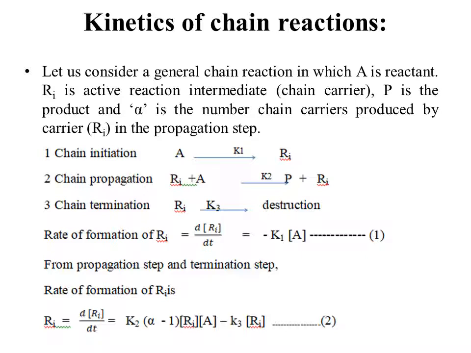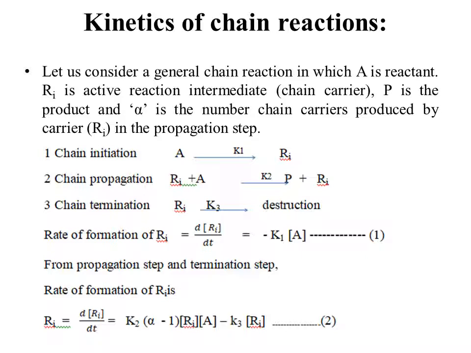In the second step, chain propagation, Ri, that is the active chain carrier, will react with the reactant A to form product P plus Ri regenerated, with the rate constant K2.